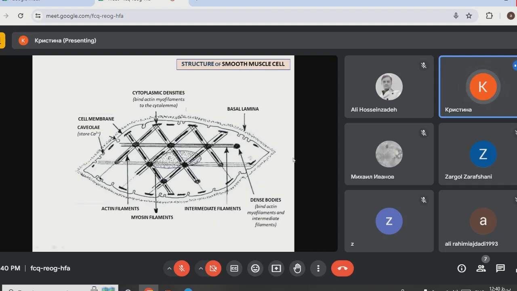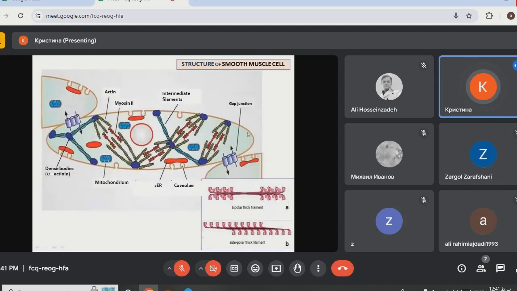Also, we need calcium for contraction of the smooth muscle cell, and the calcium is stored partly inside the smooth endoplasmic reticulum, the sarcoplasmic reticulum, and partly in specific invaginations of the cytolemma of the cell, which are called caveolae. Caveoli are invaginations of the cytolemma of the smooth muscle cell for storage of calcium ions.